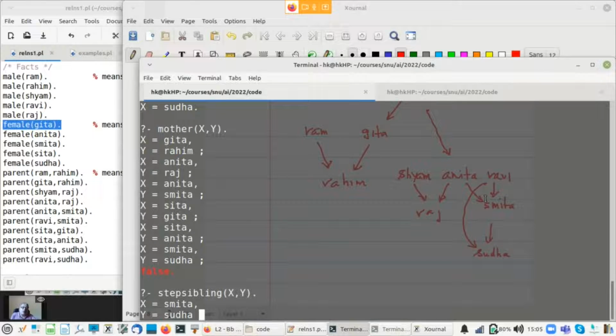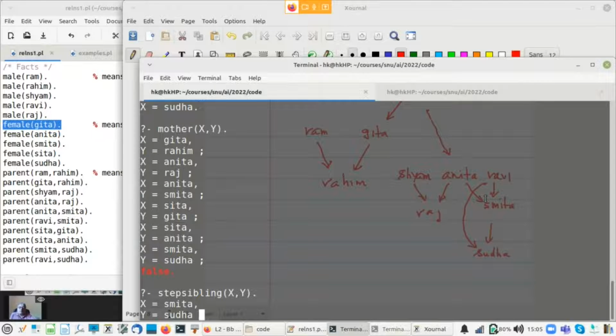So Smita and Sudha are step siblings because they share the same father. Right? We don't have any mother defined for Sudha. Obviously, she probably has to have a mother, but in our database there is no mother.